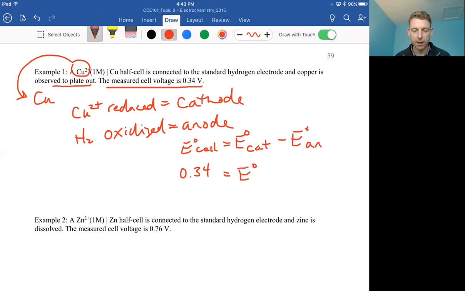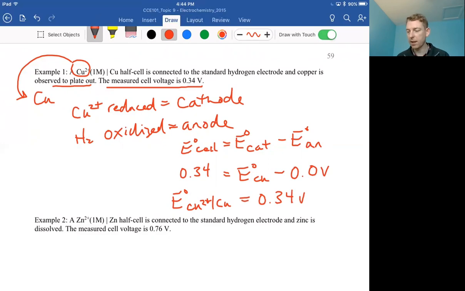So we can write that as copper minus the anode, which is, again, by definition, 0.0 volts. Okay, so from then we can just see it directly that for our copper 2+ to copper, reduction potential is 0.34 volts. And it's kind of as simple as that.